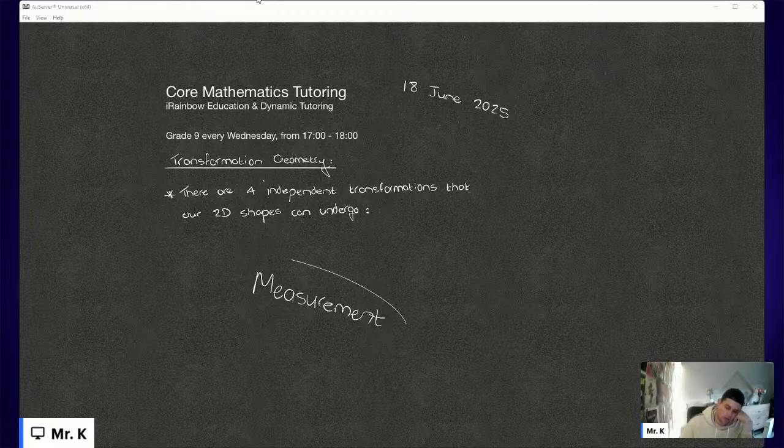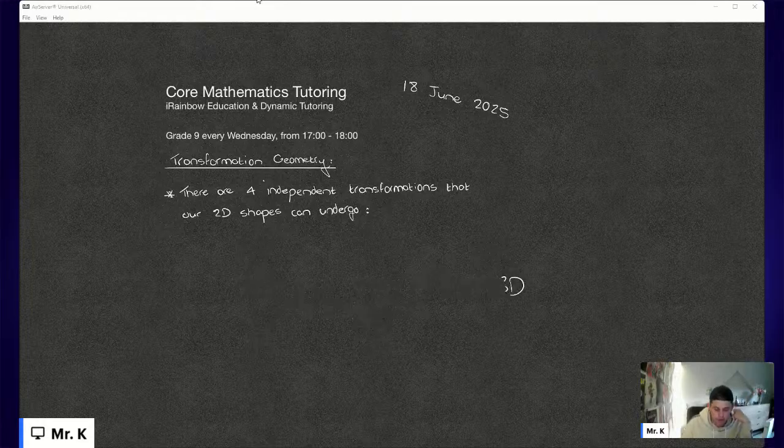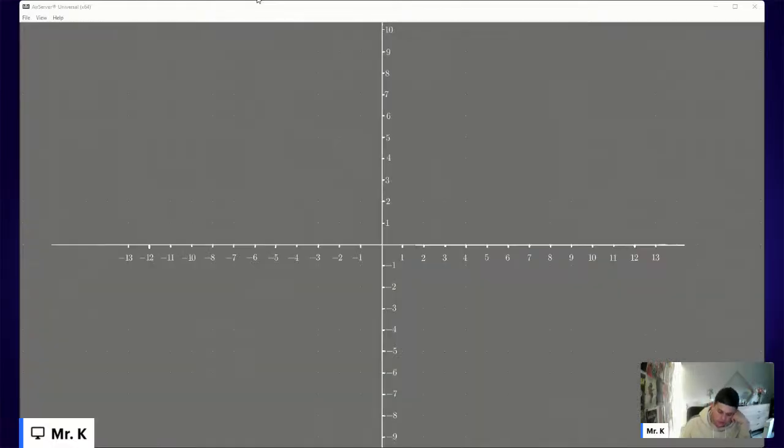And when we go through this topic of measurement, we are discussing both 2D and 3D shapes. Now, when we work on a grid like we do with our graphs, we often work on some form of a Cartesian plane or coordinate grid. So this is a great example of something like that.